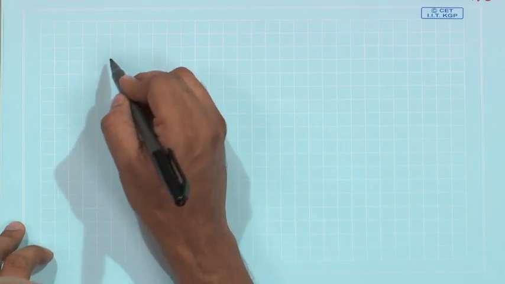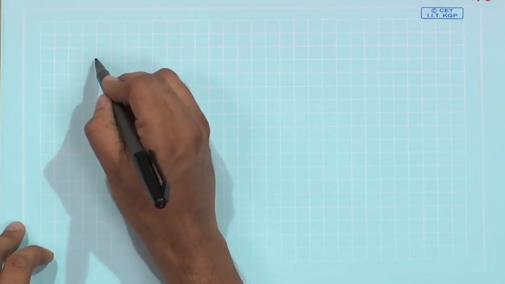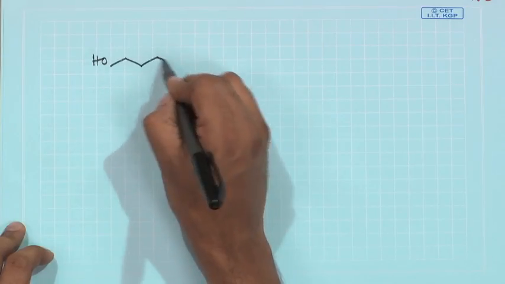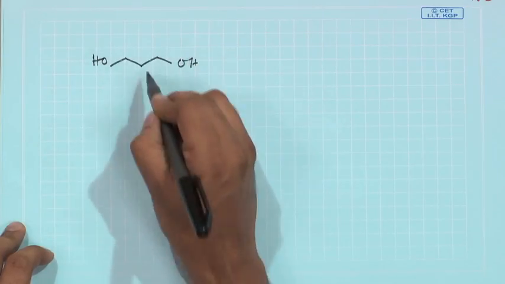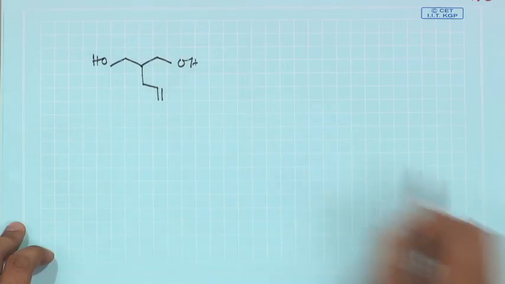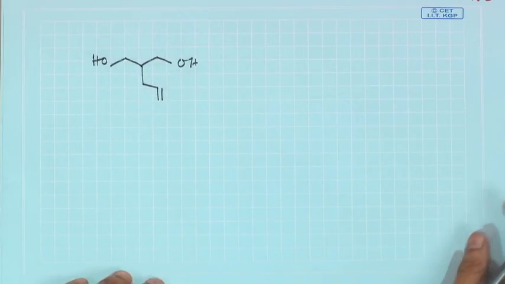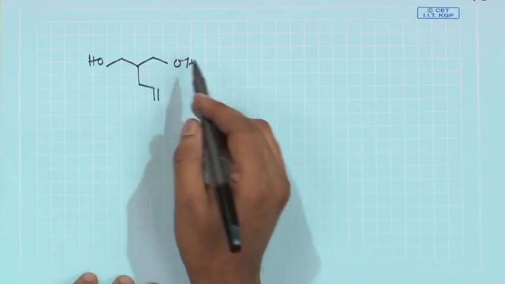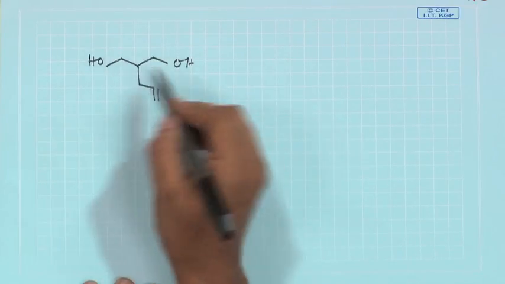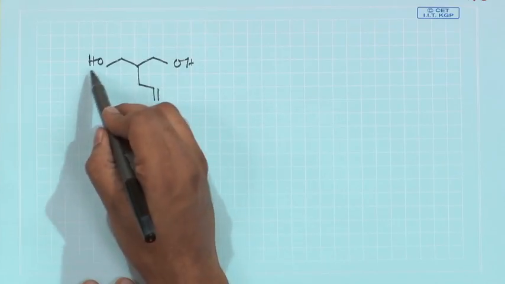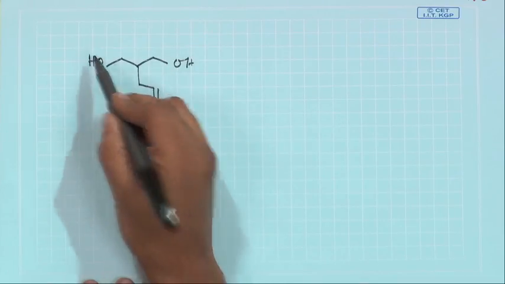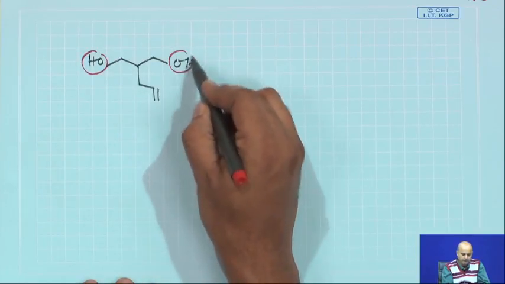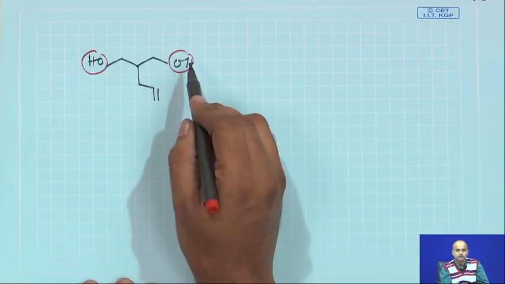Next, we will have the problem which we have probably already discussed. I am saying that you have this alcohol. Now, this particular 2-substituted 1,3-propanediol we already explained earlier, as you have a plane of symmetry here, this hydroxy and this hydroxy are enantiotopic to each other.